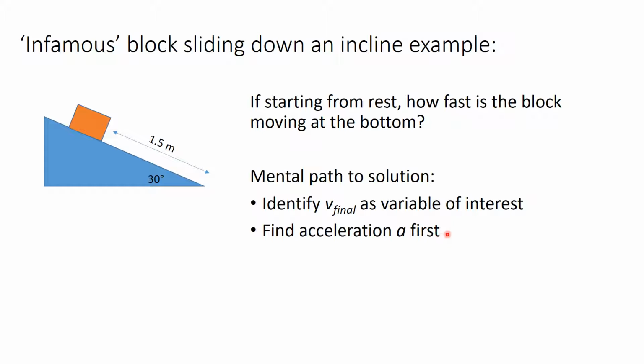Now, finding the acceleration requires a couple other steps. It requires identifying all the forces acting on the block. It requires choosing a convenient coordinate system for the forces. And by convenient, we mean a coordinate system that will help to simplify the algebra.